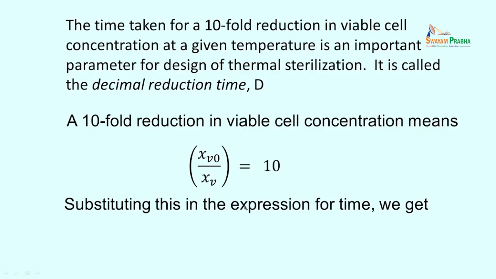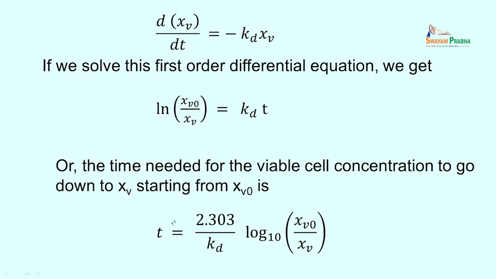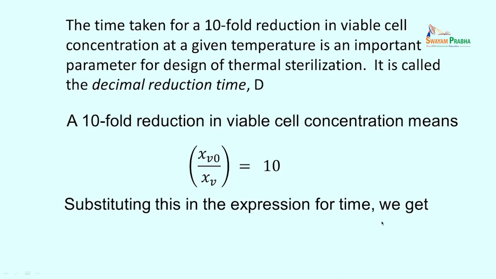And if we substitute this in the expression for time that we had derived earlier, the time taken for the concentration to go from X_v0 to X_v, then we would get an expression for the decimal reduction time in terms of the variables that we would like: 2.303 divided by k_d, log 10 to the base 10. You all know log a to the base a is 1, and therefore, this reduces to 2.303 by k_d.